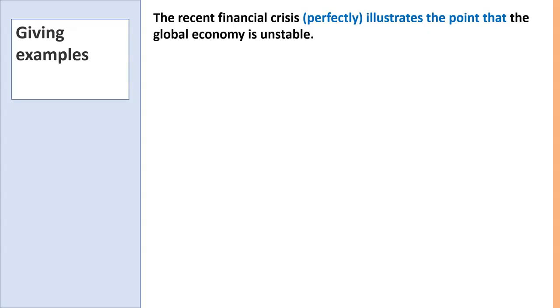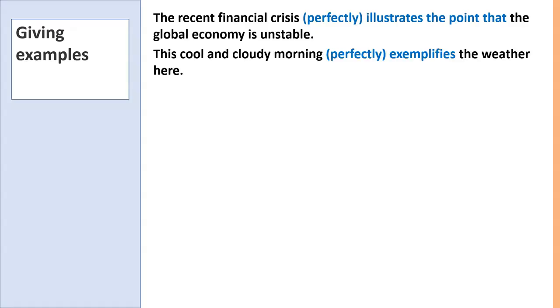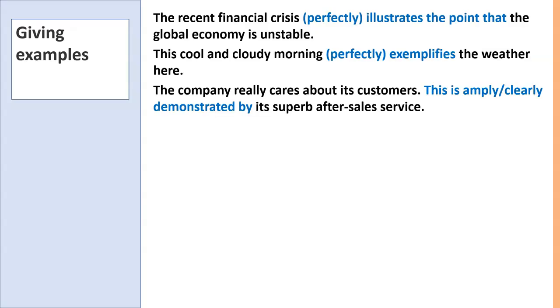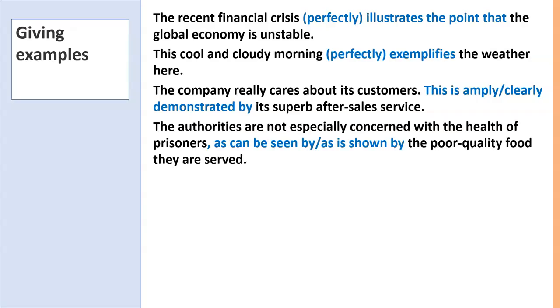And we can use phrases like perfectly illustrates the point that. So this perfectly illustrates the point that the global economy is unstable. This perfectly exemplifies the weather here, for example. And this is amply or clearly demonstrated by. So these are good phrases too.